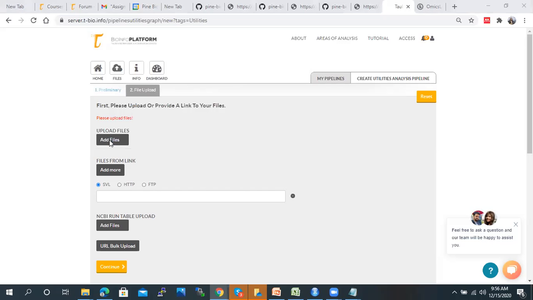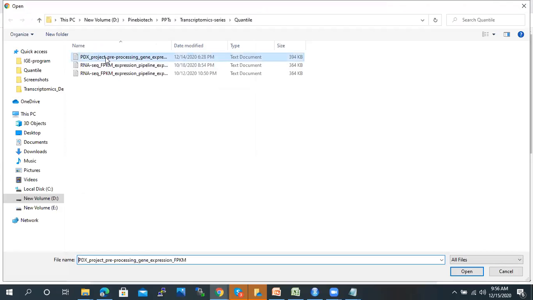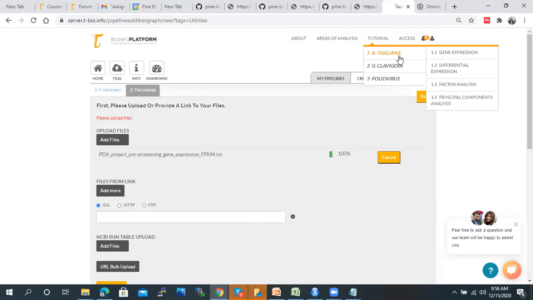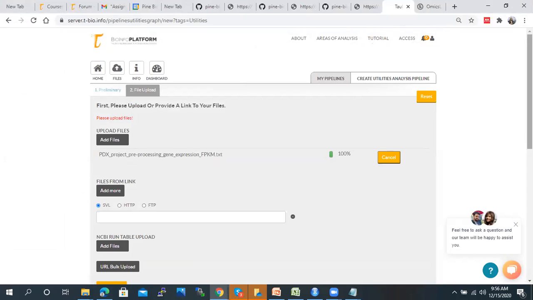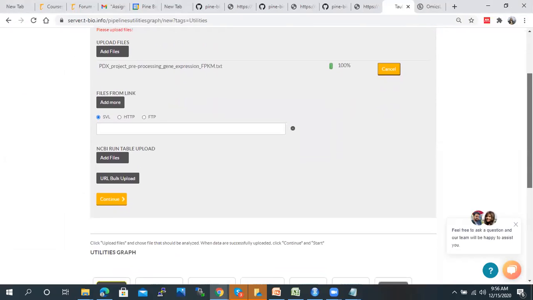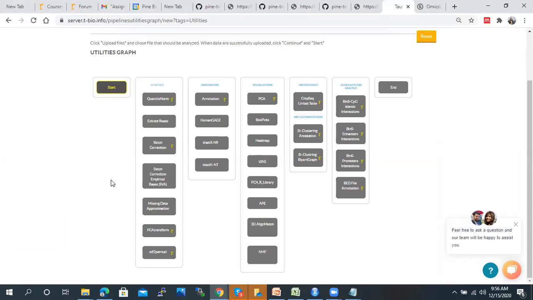Under add files, just upload the file that I have provided. Once you are able to upload your file, just click on continue. Then the next option is start.